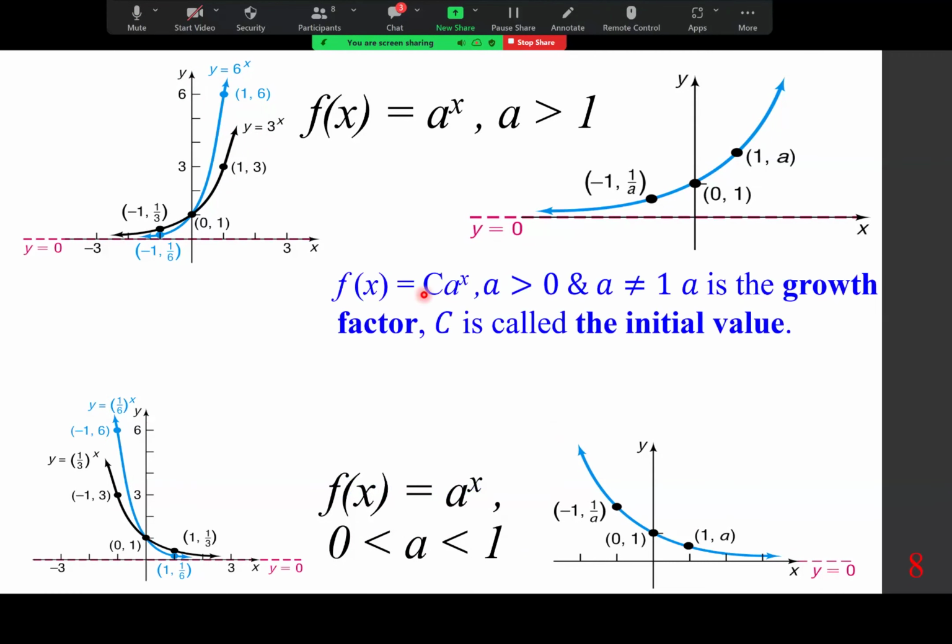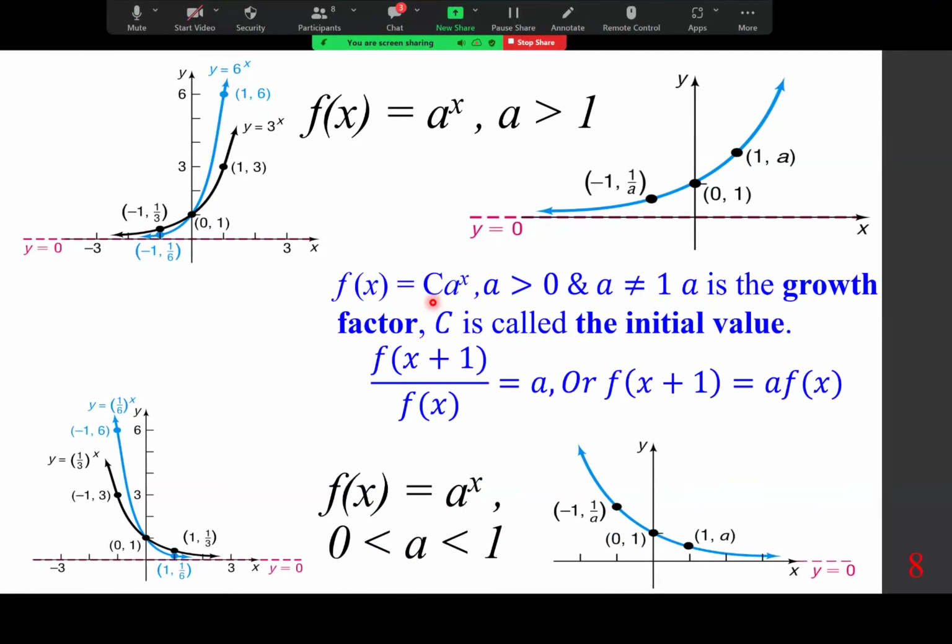Now, f of x equals c a to the power of x, if we have a constant in front of that, where a is positive and a can't be 1, a is the growth factor. C is called the initial value, meaning if you set x equal to 0, you get c. f of x plus 1 divided by f of x.